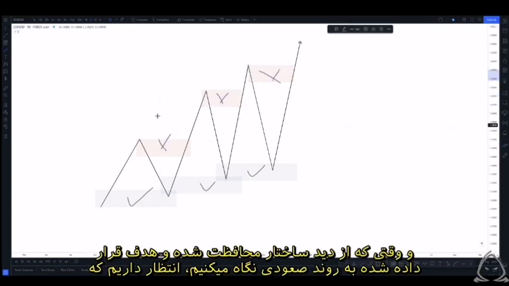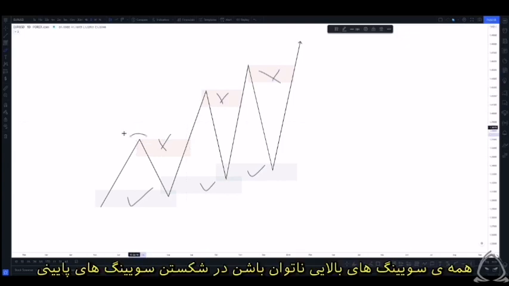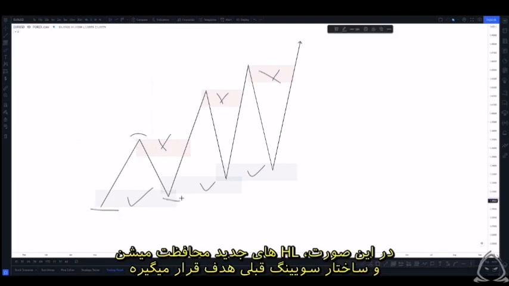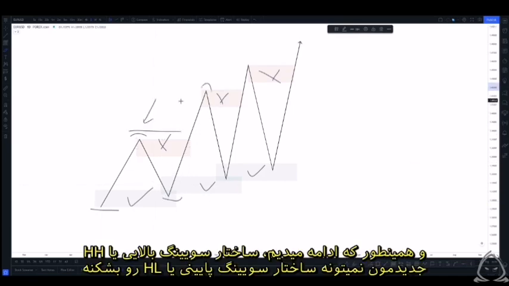When we're looking at an uptrend from the perspective of protected and targeted structure, we'd be expecting that all of the swing highs would fail to take out the swing lows. Therefore, the newly created higher lows would become protected and we would be targeting the previous swing structure. As we continue, our newly created higher high swing structure fails to break our previously established swing structural low, or higher low.